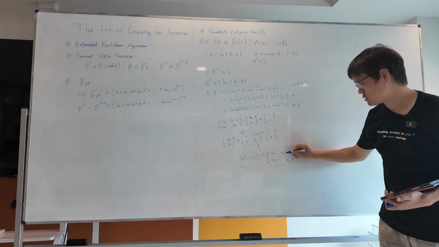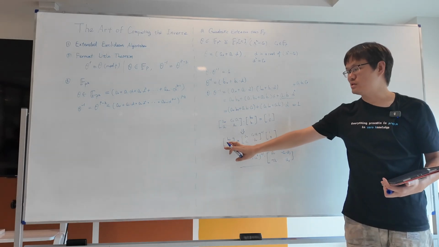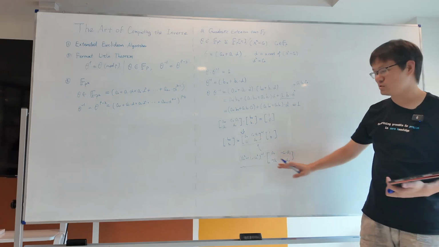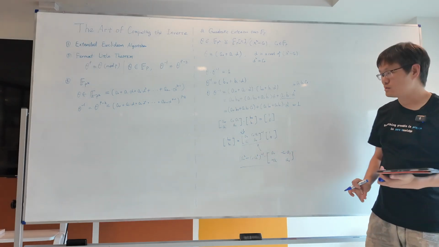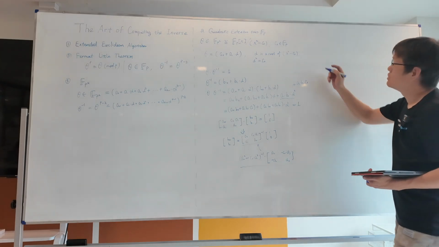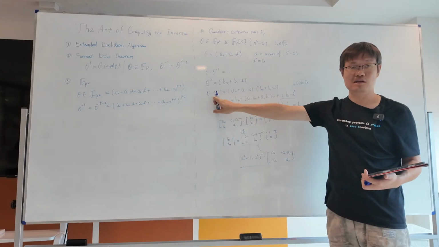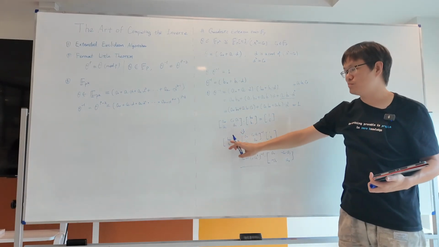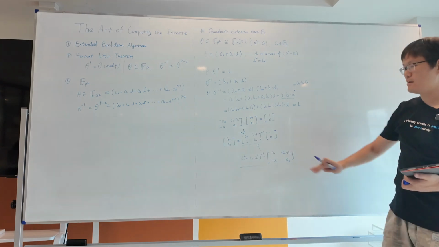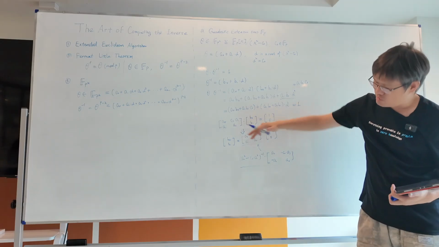Okay. Now we have the B0 and B1. So if we calculate this equation, then if we want to compute the inverse of theta, we compute B0 and B1, and we have to evaluate this equation, right?